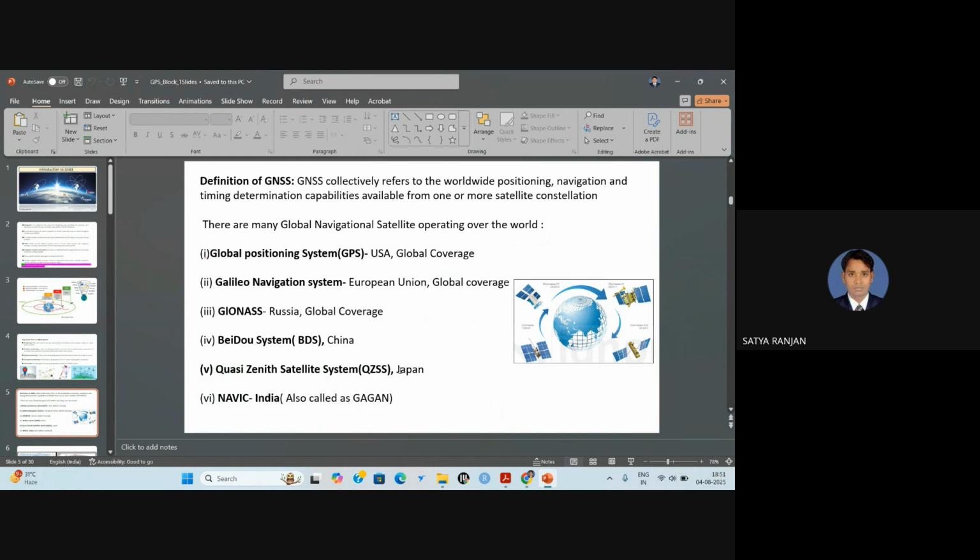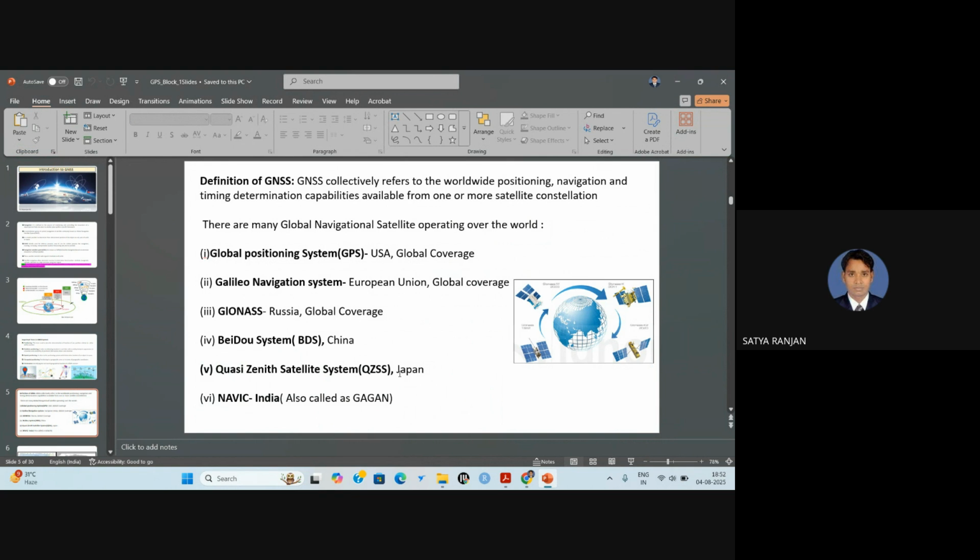Likewise, there is the Global Positioning System, that is GPS. This positioning system is used by the USA. It has global coverage. Then the Galileo navigation system is used by the European Union, and it also has global coverage. Then GLONASS is from Russia, that also has global coverage. Then the BeiDou system, also called Compass, is used by China.